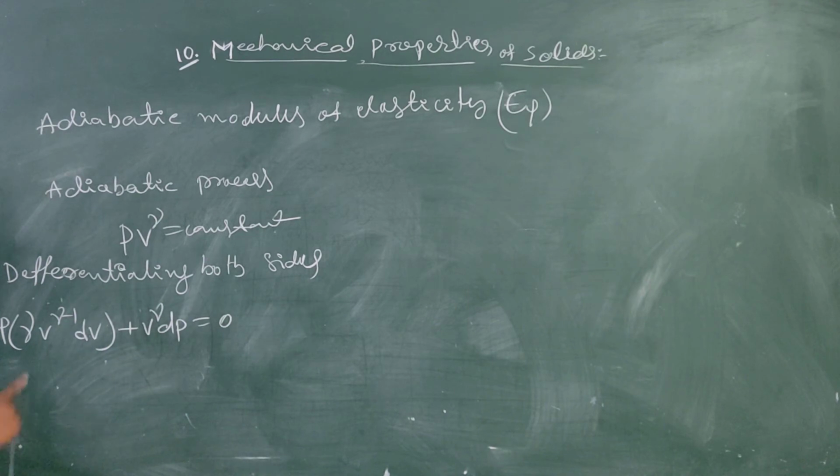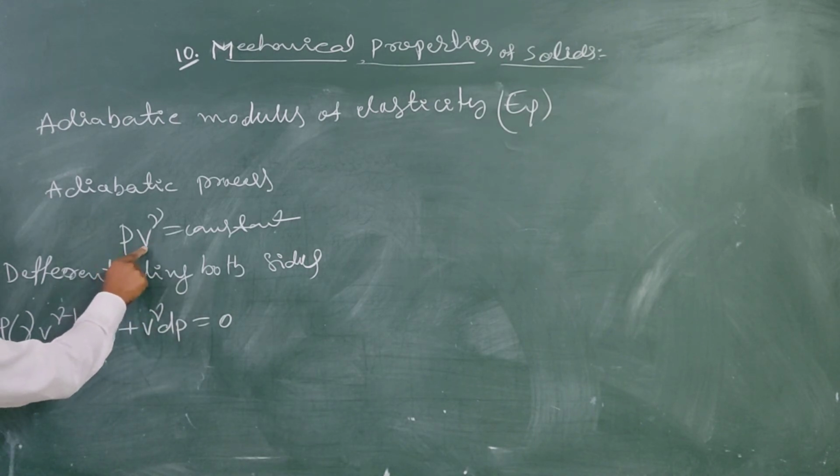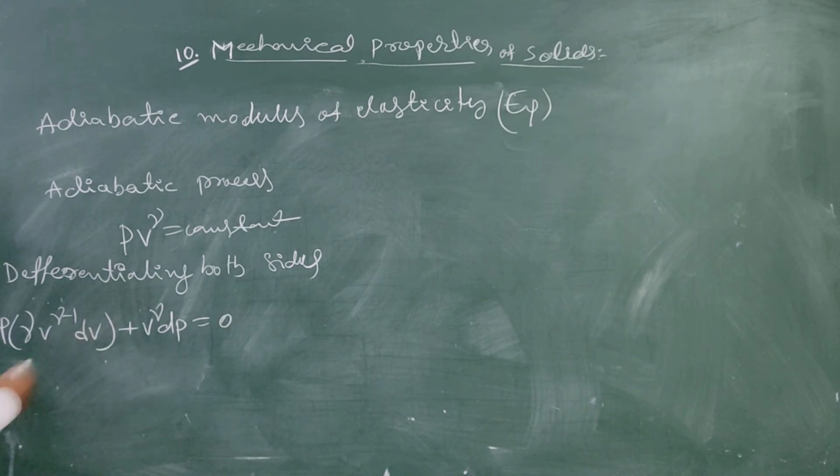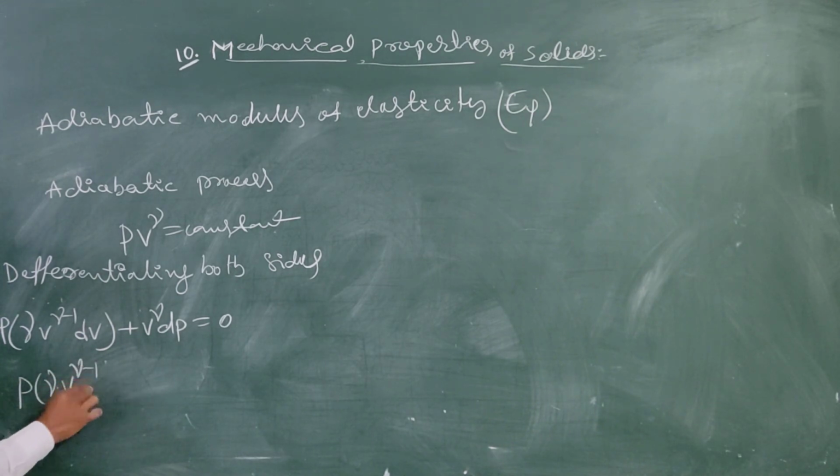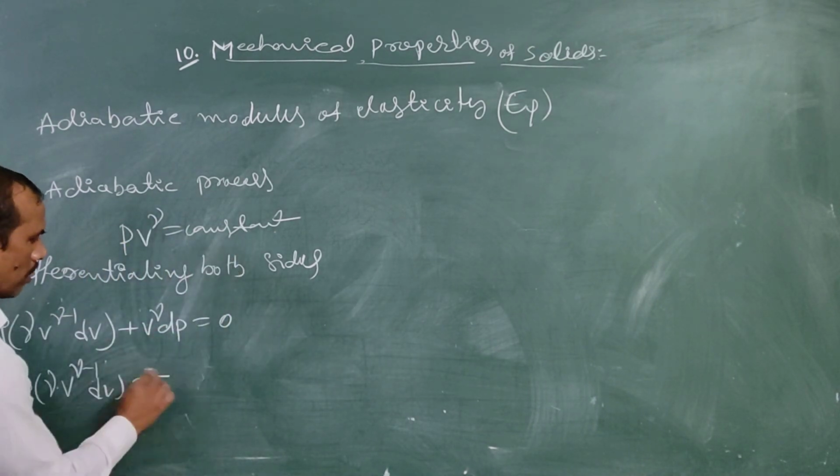Now, this integration part, P is constant, differentiating this term, we get this term plus V power of gamma dP. Here P into gamma V power of gamma minus 1 dV is equal to minus V power of gamma dP.